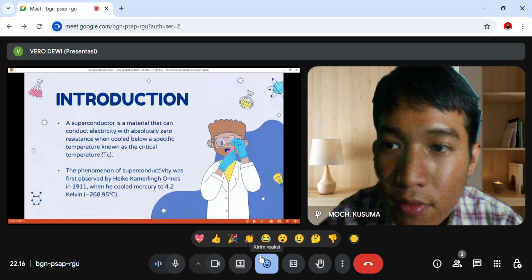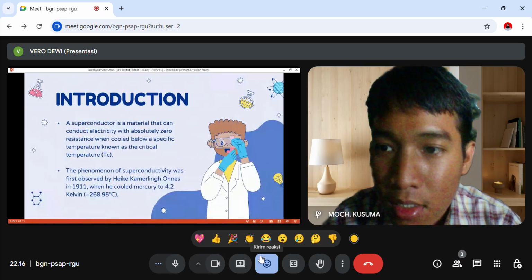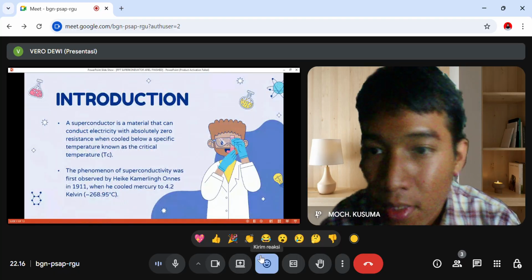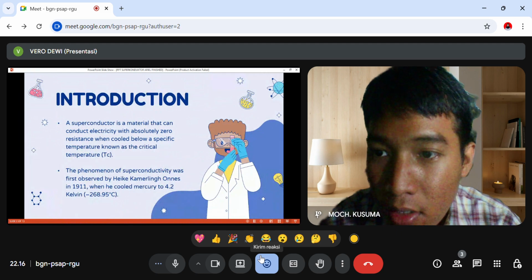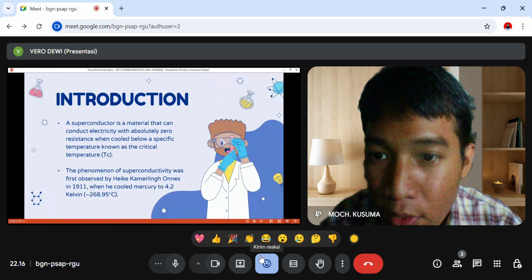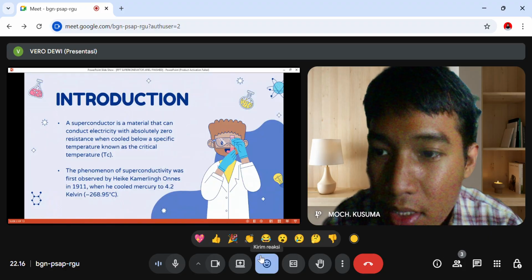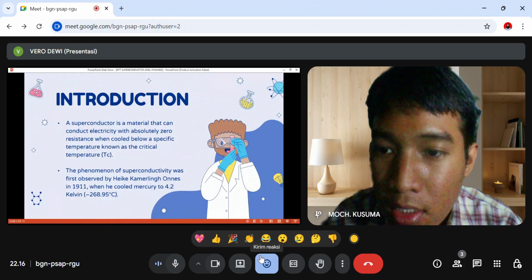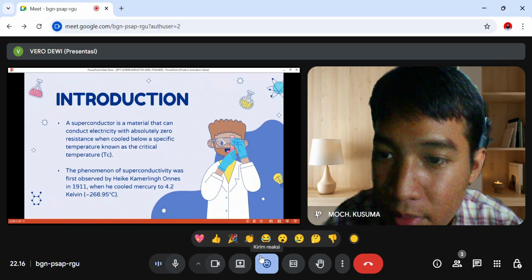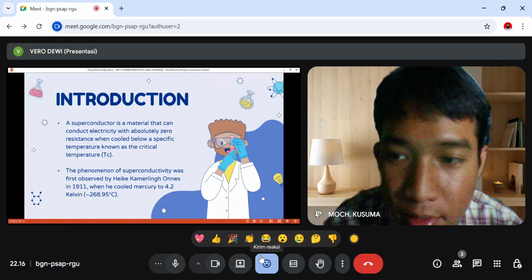Okay, first, introduction. A superconductor is a material that can conduct electricity with absolutely zero resistance when cooled below a specific temperature known as the critical temperature or Tc.